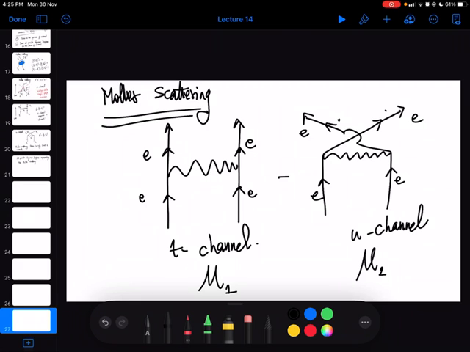I'll just take this as the anti-symmetrization rule; it is a way of keeping track that these are the same fermions in both processes.